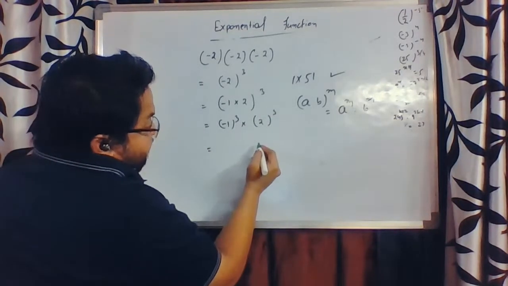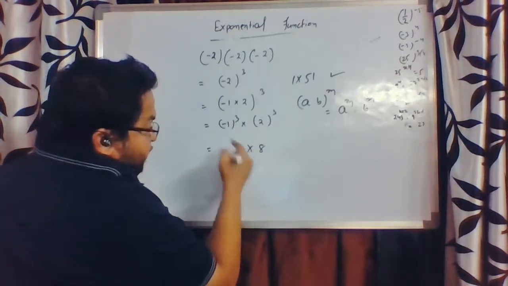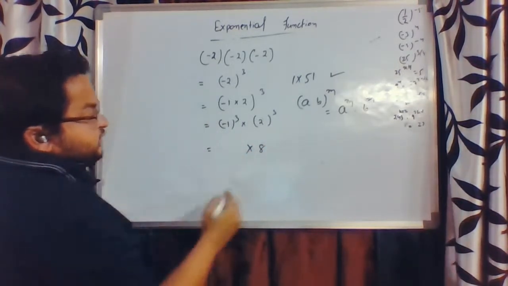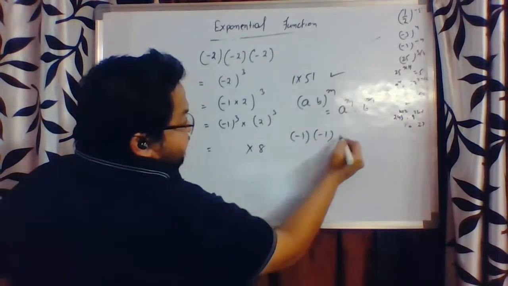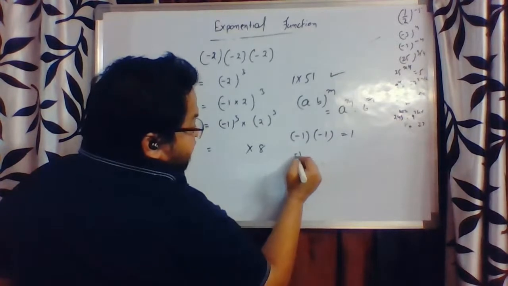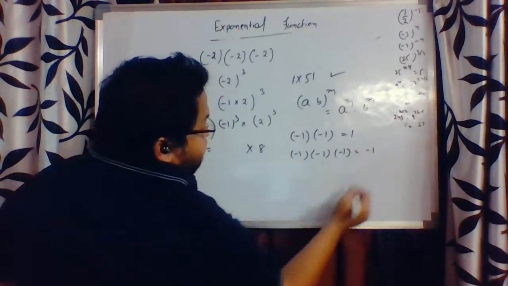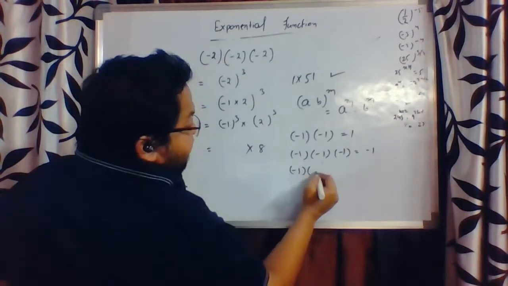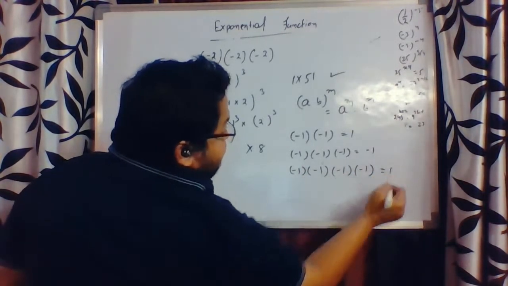2 to the power 3 is very easy to calculate. This is 8, and then minus 1 to the power 3. If I multiply minus 1 with minus 1, I get 1. If I multiply minus 1 three times with itself, I get minus 1. If I multiply 4 times, I again get 1.